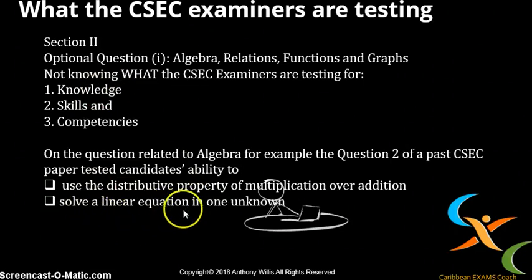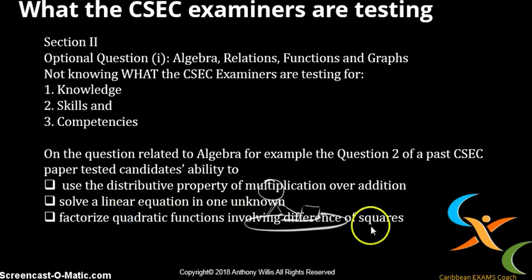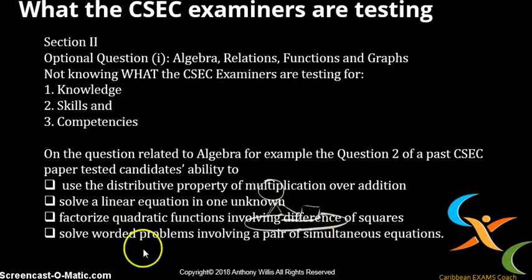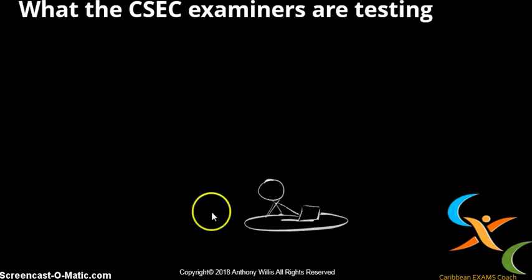Solve a linear equation in one unknown. Factorize quadratic functions involving difference of squares. If you don't know what is meant by difference of squares, what is meant by quadratic function, well, you'll be puzzled and baffled by the questions.